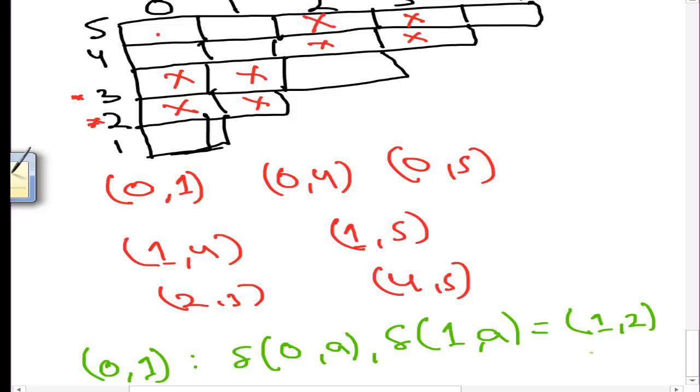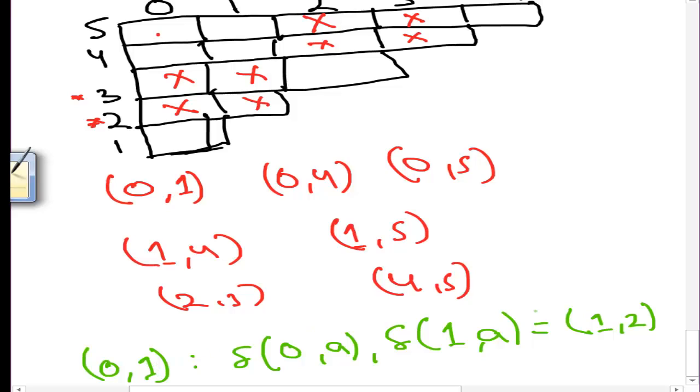Now we have to see, is 1 2 distinguishable? If 1 2 is distinguishable, then 0 1 is distinguishable by induction. This is what we said in the induction: if this is distinguishable, already marked in the table, then 0 1 will also be marked.